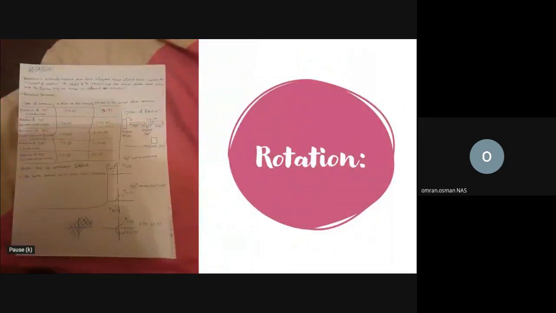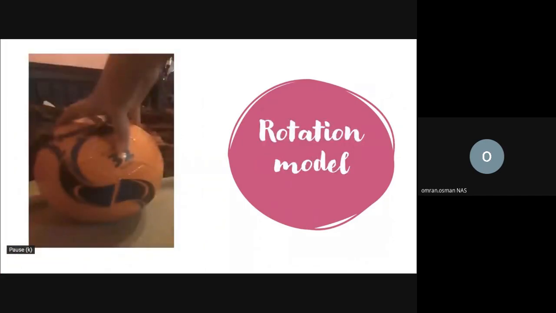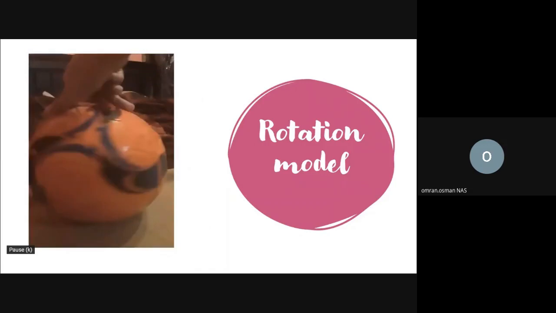So rotation has some formulas or rules: rotation of 90 degrees clockwise and counterclockwise, rotation of 180 degrees for both, and rotation of 270 degrees clockwise and counterclockwise. So how do we relate or connect rotation to our daily life and other subjects?